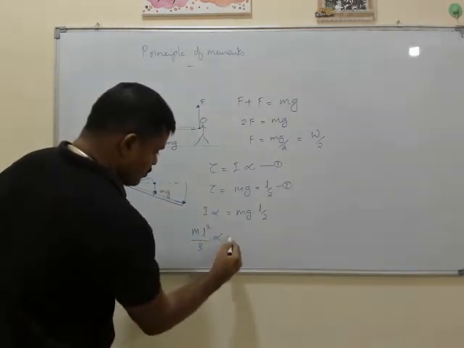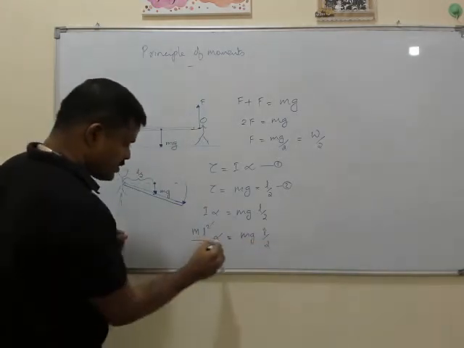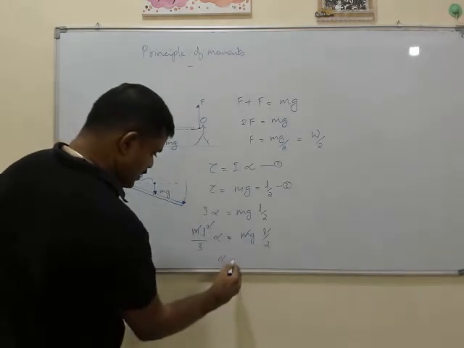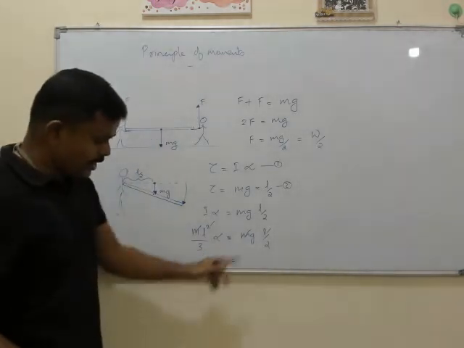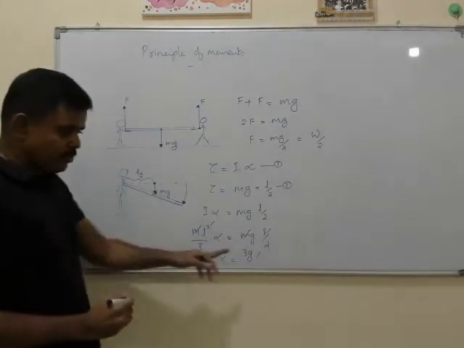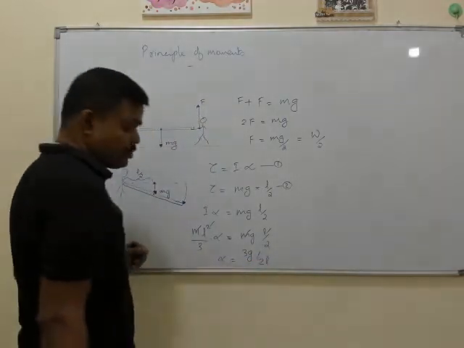So mL square by 3 into alpha is equal to mg into L by 2. Let us cancel L on either side, then m's are gone, then you get alpha. Alpha is equal to, this 3 will go over to the right hand side. That makes it 3g over 2, and L goes to the right side. So alpha is 3g divided by 2L.